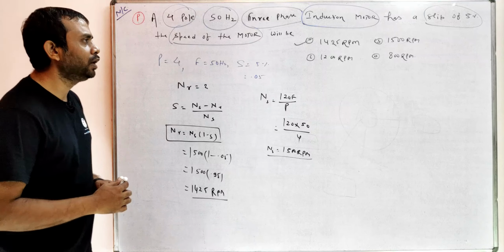It will be near it, but definitely less. So in the options, 1500 rpm is clearly not our answer because it is the synchronous speed. Definitely the speed lesser than this, which is 1425 rpm, will be our answer.